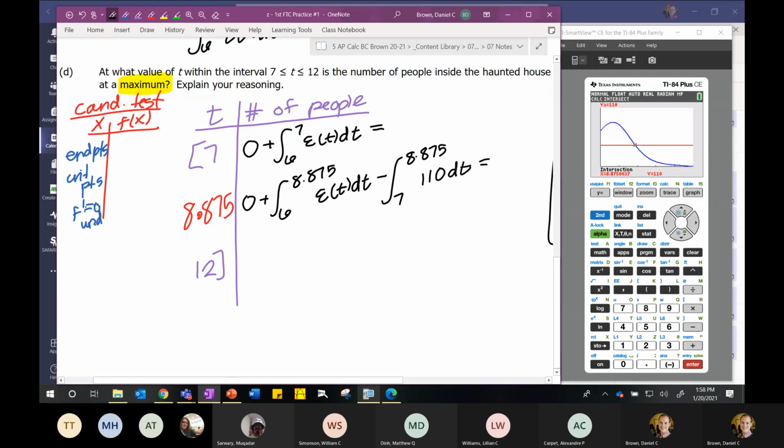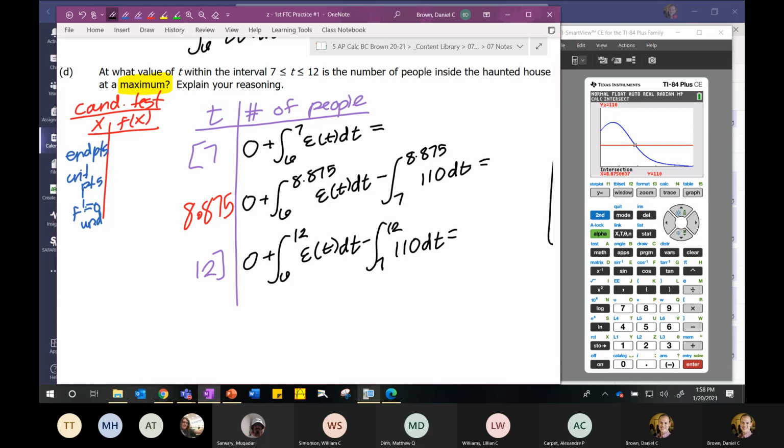That would give us the number of people at the critical point. Then we want to figure out the number of people at midnight. Same thing: initial condition, plus the integral from 6 to 12 of E of t dt, minus the integral from 7 to 12 of 110 dt. And I am going to use my calculator to evaluate that.